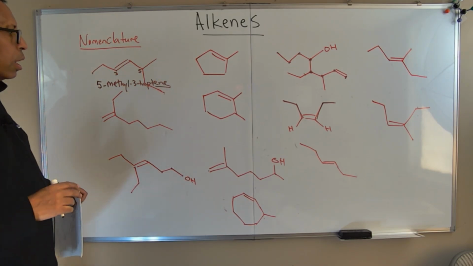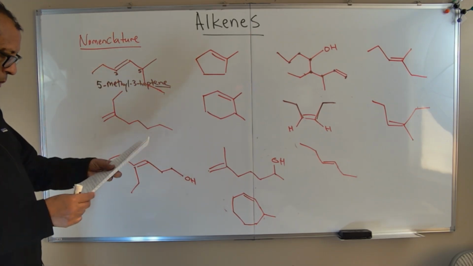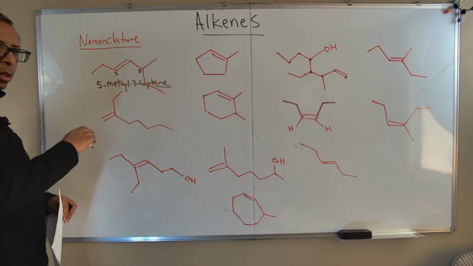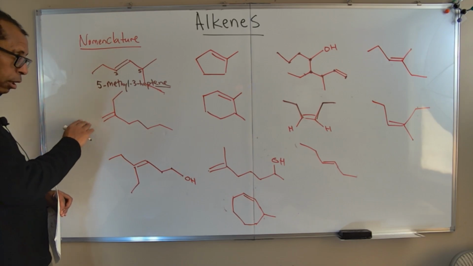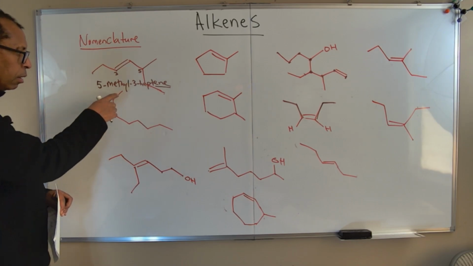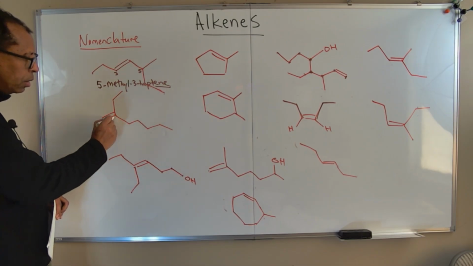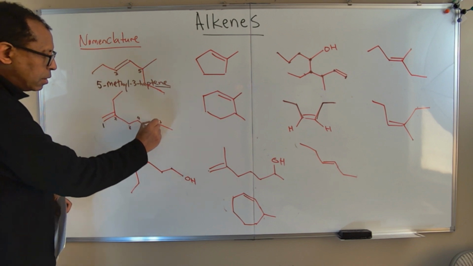The longest chain is a 7 carbon chain. Let's see this one. So always you have to include the chain where the double bond is included fully. That means you cannot just count like this, but you have to count 1 here, 2, 3, 4, 5, 6, 7.